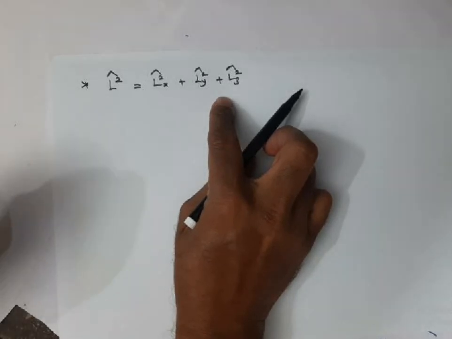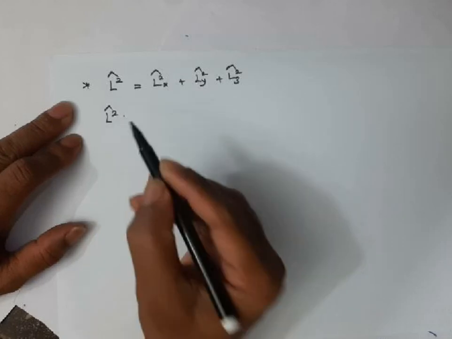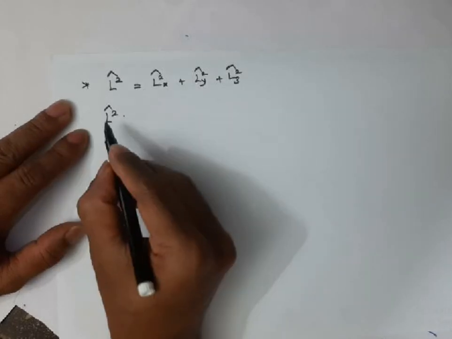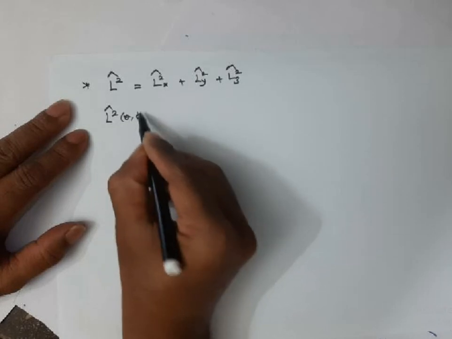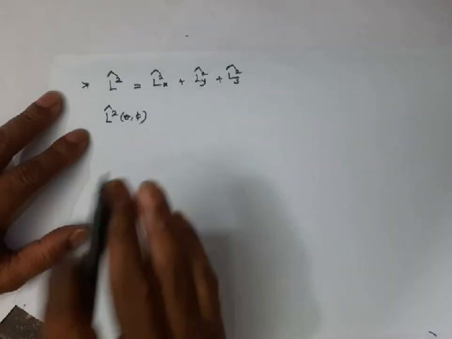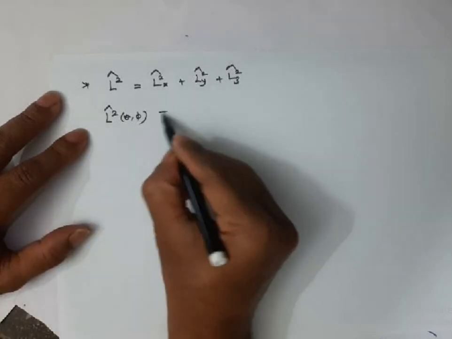I am going to write the L square operator in spherical polar coordinates. That is very important. So what is the L square operator in spherical polar coordinates? Listen, the L square operator is an angular momentum operator which acts only on the function consisting of the theta and phi part. So what's the operator?